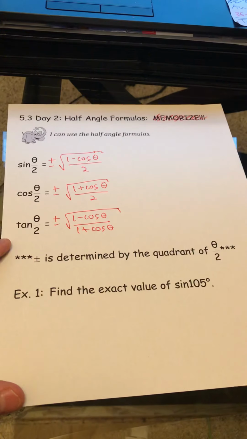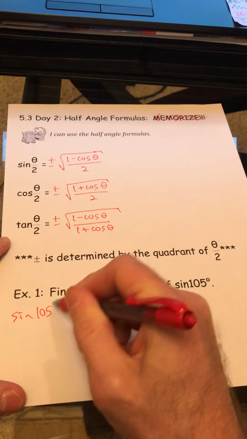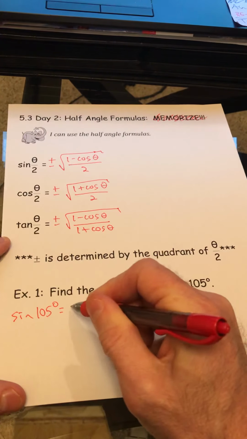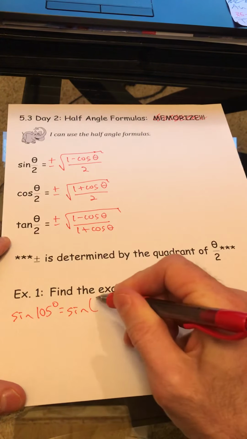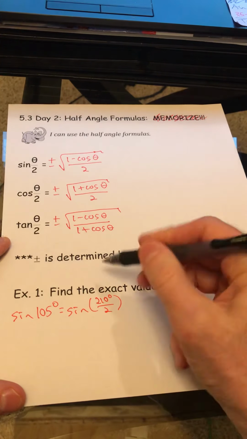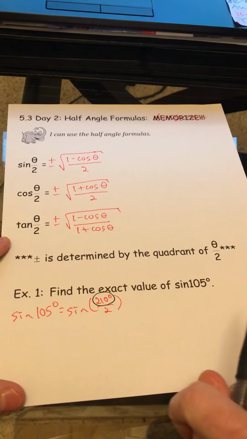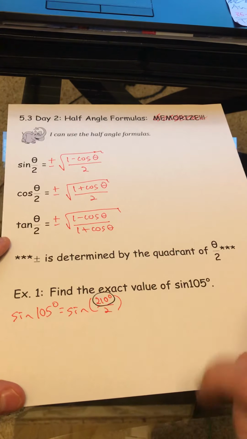Another way that you can actually use a formula to find the sine of 105 is to use the value on the unit circle that 105 is half of. Well, the sine of 105 degrees is the same thing as saying the sine of 210 degrees over 2. So when we talk about theta, we are going to use theta as 210.